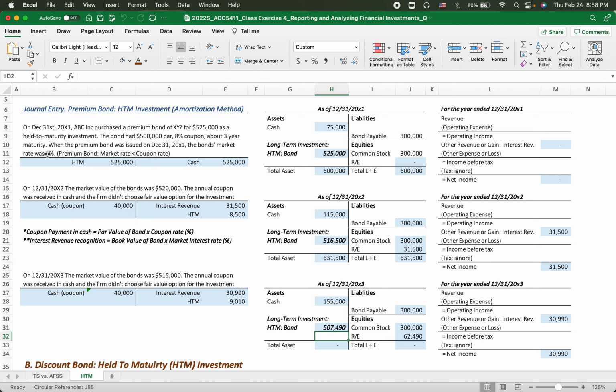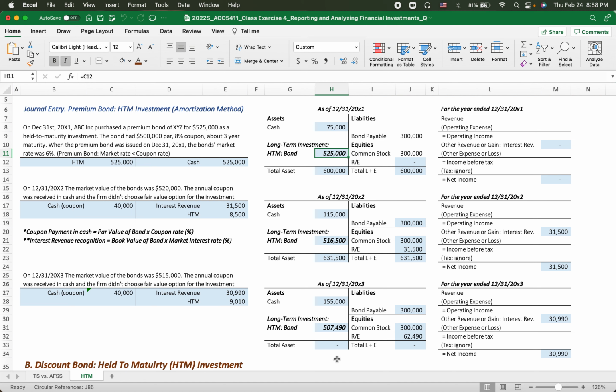The borrowing rate from the issuer's perspective is only 6%, but the issuer gave the investors 8%, which is greater than the market rate of 6%, right? That's why this principal amount is diminishing, and at maturity, the par value will return to the investors. Not $525,000, but $500,000 at maturity.